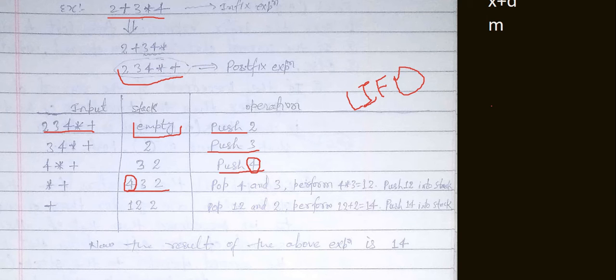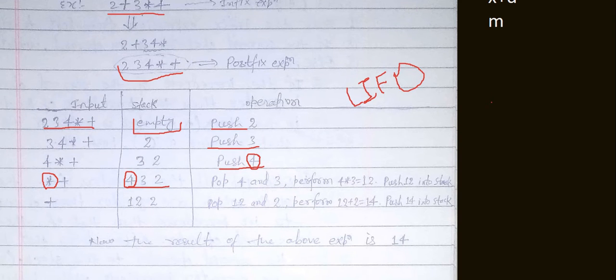Now after pushing 2, 3, 4 into the stack, the first operator, multiplication, is encountered. As I said earlier, whenever any operator is encountered, the machine just pops out the previous two operands and solves it.